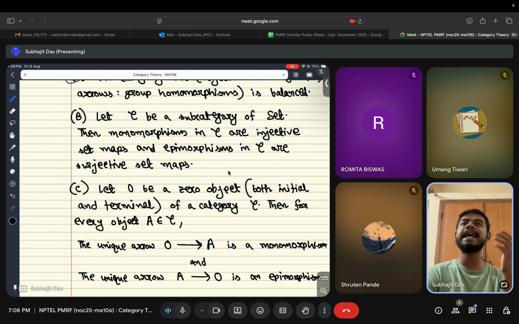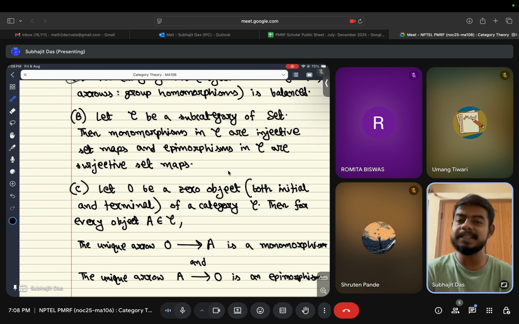And it can happen in the larger category that F composed with P is equal to F composed with Q might not imply that P is equal to Q, right? So the class of monomorphisms in a larger category is a subset of the class of monomorphisms in a smaller category, and in most cases it's a proper subset.